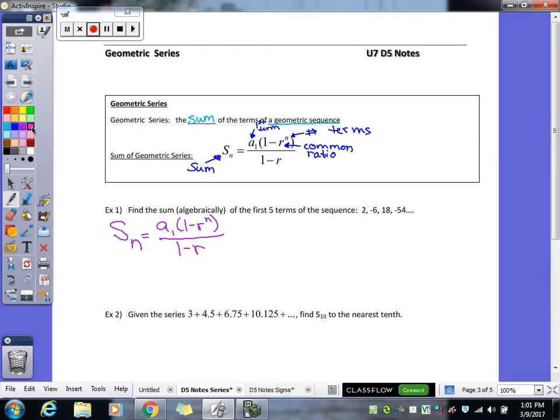What would our n be? 5, because we're finding the sum of the first 5 terms. Our first term is a 2. We have to figure out the r value. What are we multiplying by? Negative 3. So our r is a negative 3.